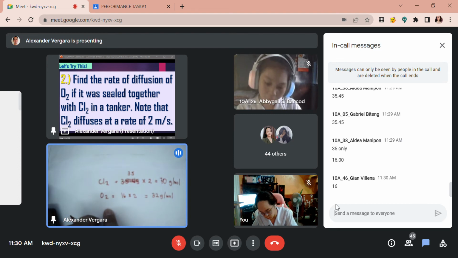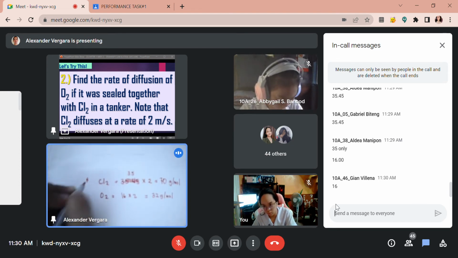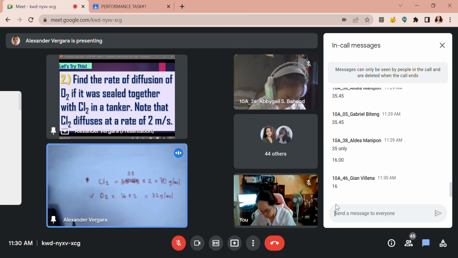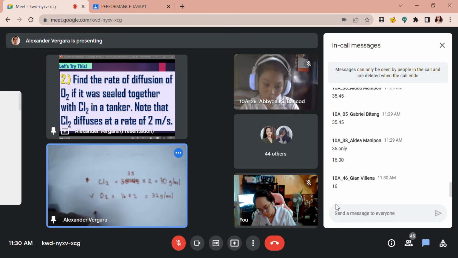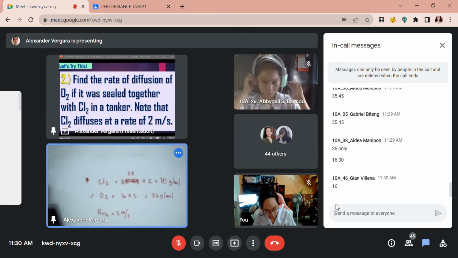So which is heavier? This is the heavier, no? And this is the lighter one. So the Cl2 has this 2 meters, no? So R sub Cl2 is equivalent to 2 meters per second.